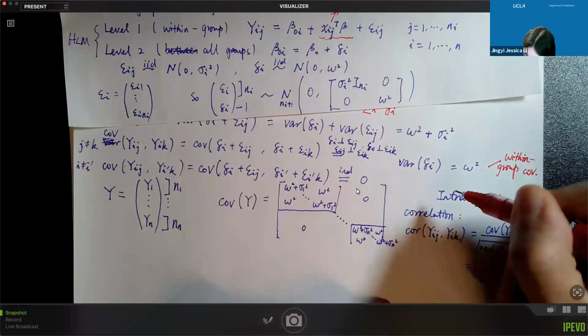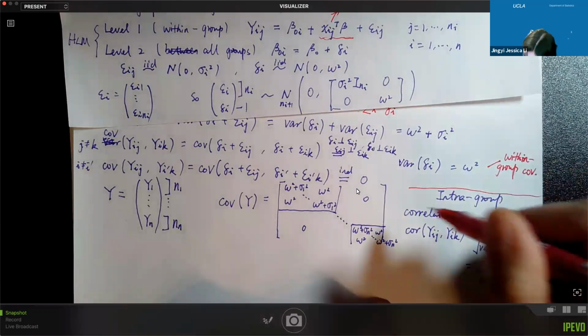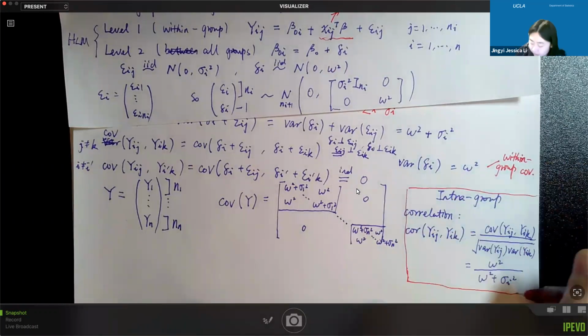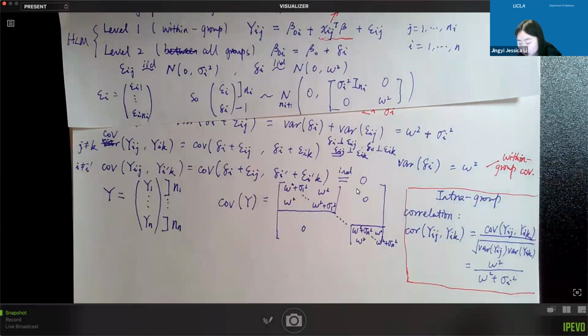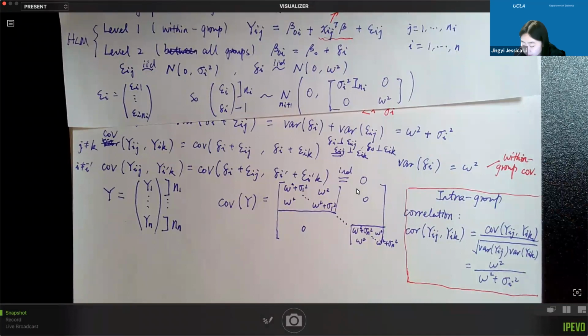So what this means is that if you can estimate omega squared and sigma I squared from your data, you can estimate this intra-group correlation. It gives you the idea of how similar the observations within each group are to each other compared to other observations. Do we have any questions about this part?